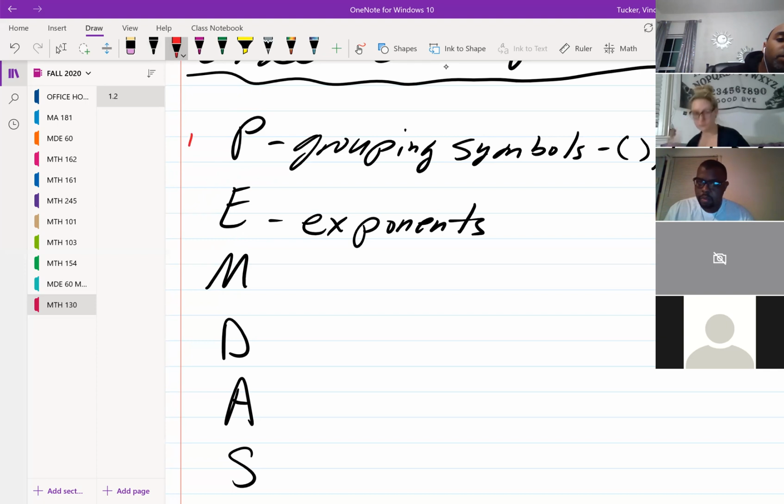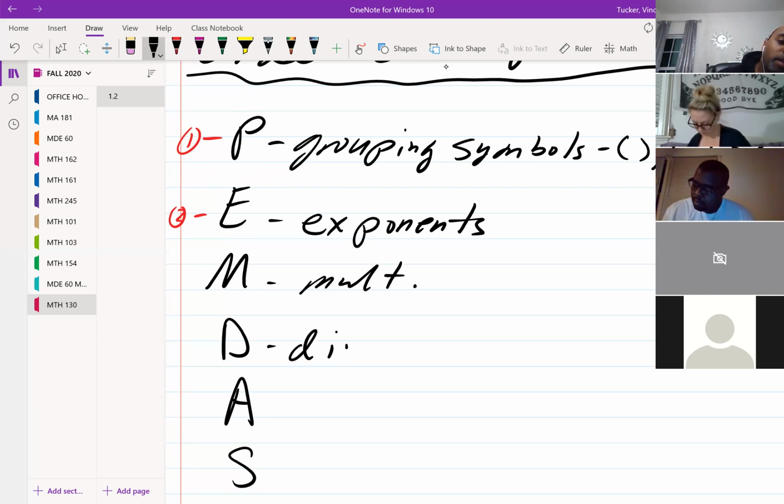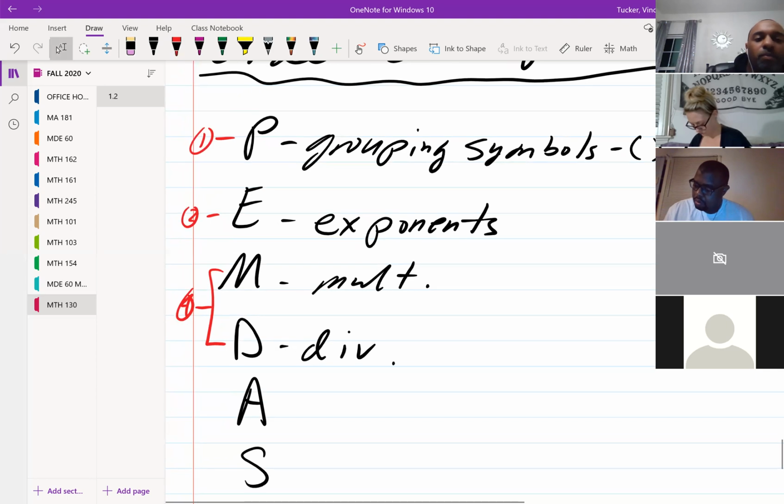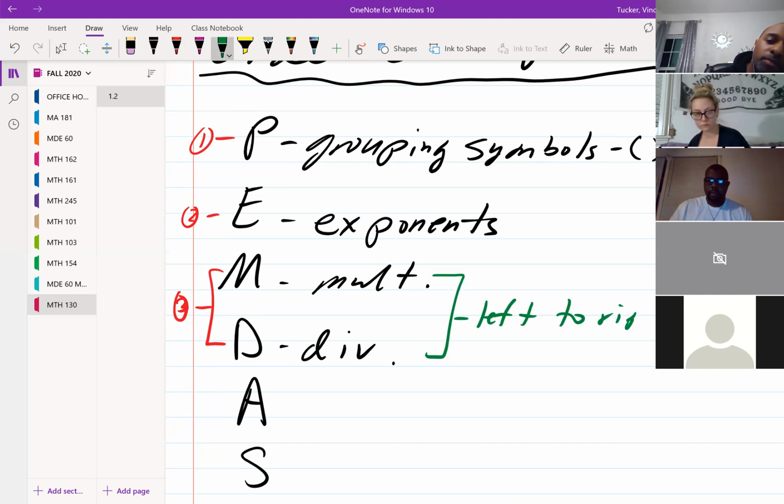So we're talking about tiers of operation. Your first tier, grouping symbols. Second tier is your exponents. Now here's where a lot of people make a mistake. Multiplication and division are on the same level, and you do them from left to right.